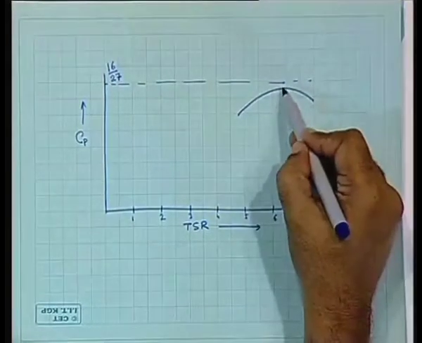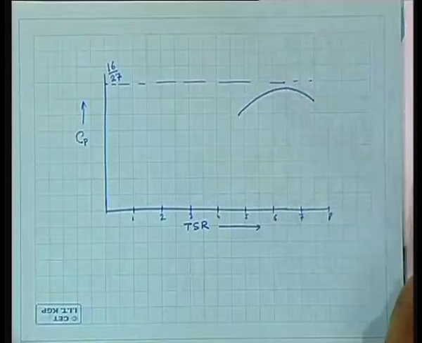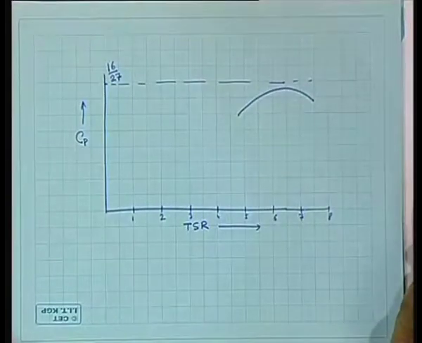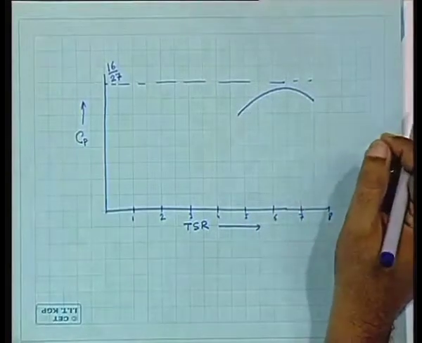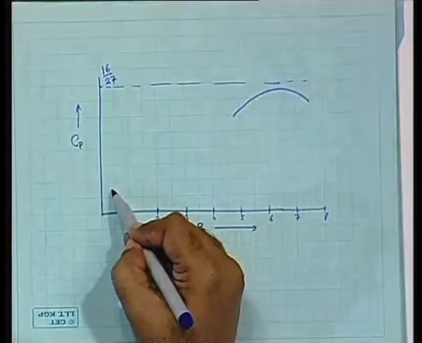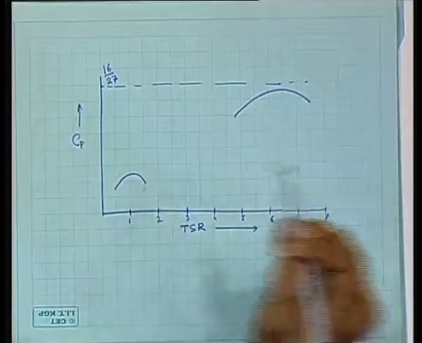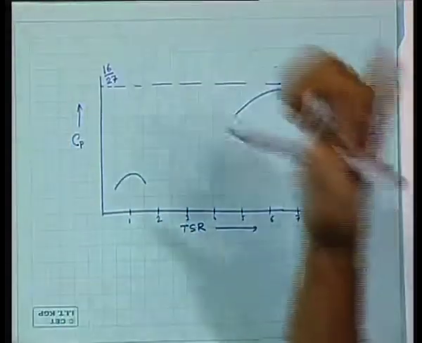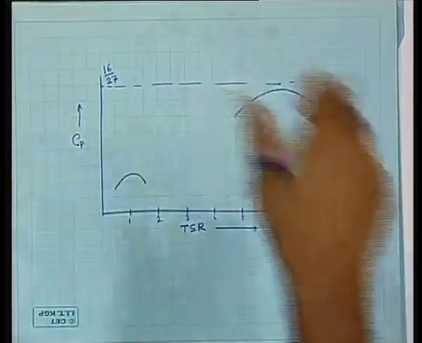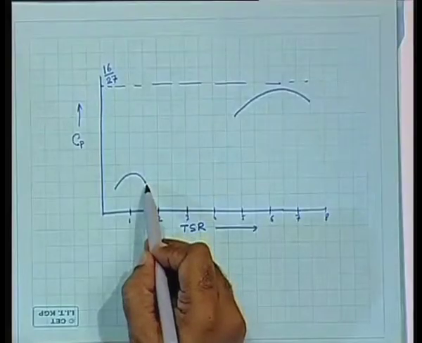That means the peak goes very close to the Betz limit. The Savonius rotors that we have talked about will have somewhere here. The Savonius rotor is a vertical axis wind turbine with two cylinders cut and put together. So that will have it here.